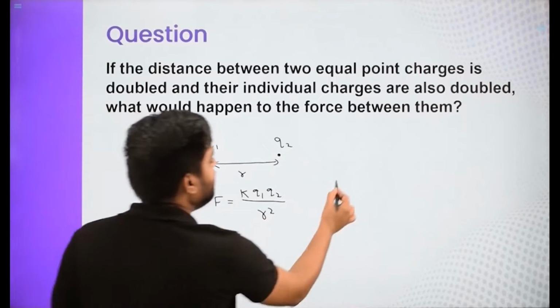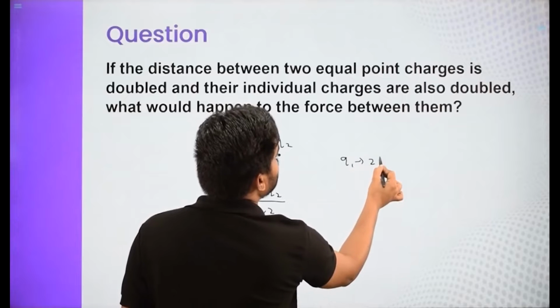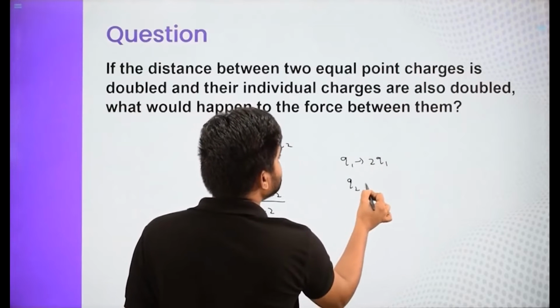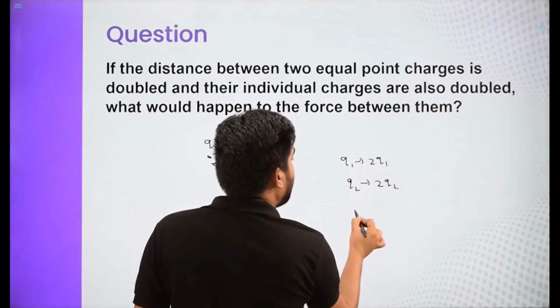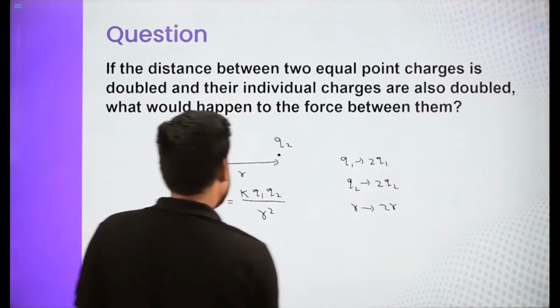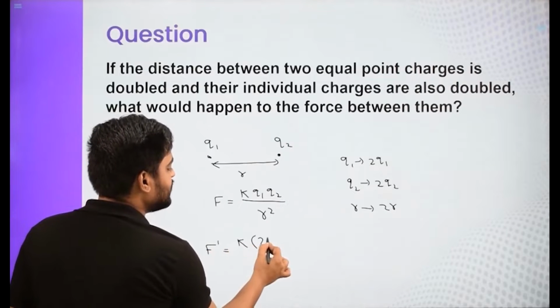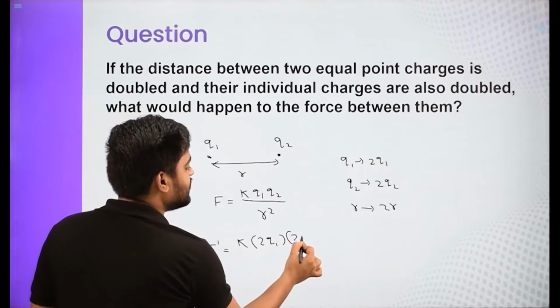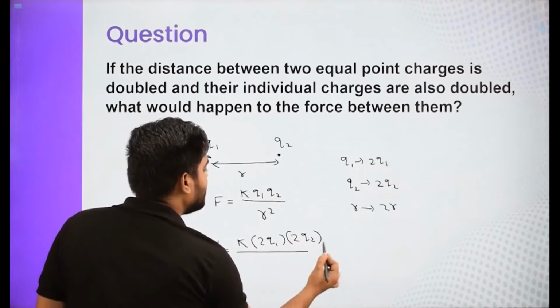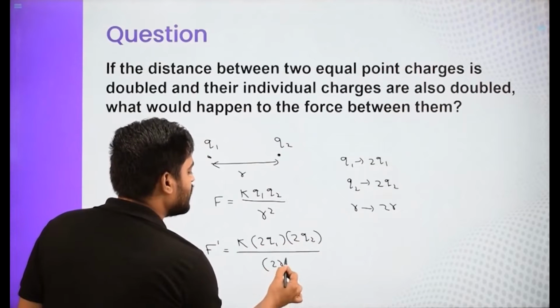What happens if Q1 becomes 2Q1, Q2 becomes 2Q2, and R becomes 2R? So new force F dash is nothing but K, new charge 1 which is 2Q1, new charge 2 which is 2Q2, divided by new R whole square, which is 2R whole square.